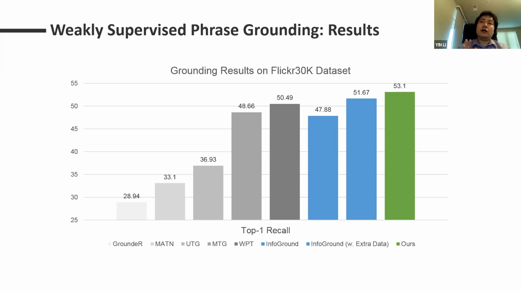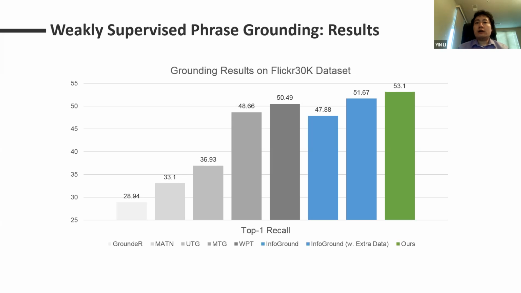Now again, in this setting, during training, we only see images and their sentence descriptions. We don't really know the correspondence between the image regions and the sentence phrases. And during testing, an algorithm is presented with a pair of image and a sentence and tries to link the image regions to the sentence phrases, right?